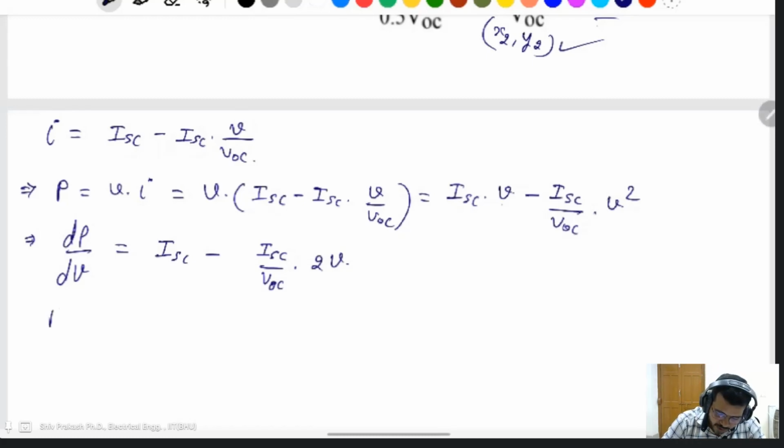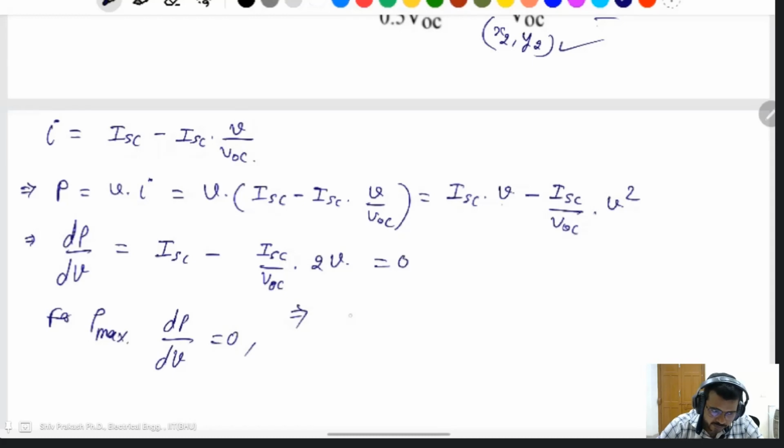Then for P maximum, dP by dV is equal to 0, so take it as 0. Then ISC minus 2 into V into ISC divided by VOC is equal to 0.